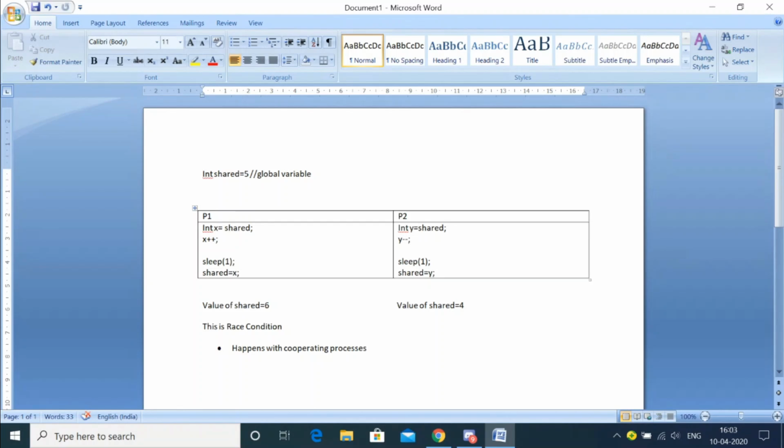Under process P1 we have certain code. First instruction: integer x. x is a local variable, and it is assigned the value of shared. We already know the value of shared is 5, so 5 will be assigned to x.